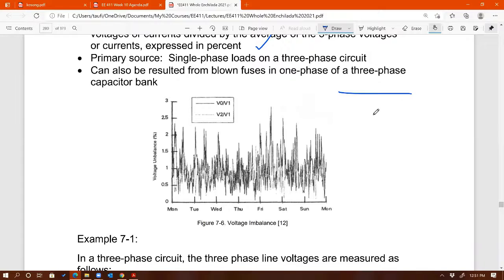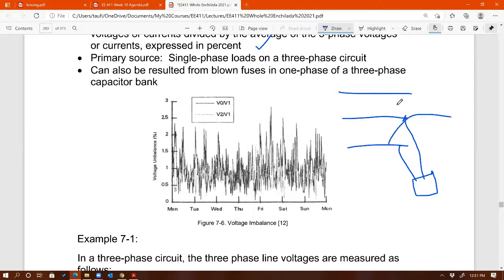You have three-phase lines for the distribution system. But when it goes to your house, they would tap two lines to make it single phase to your house. And then for another house, they will tap two different lines, and it's very hard to balance the loads.